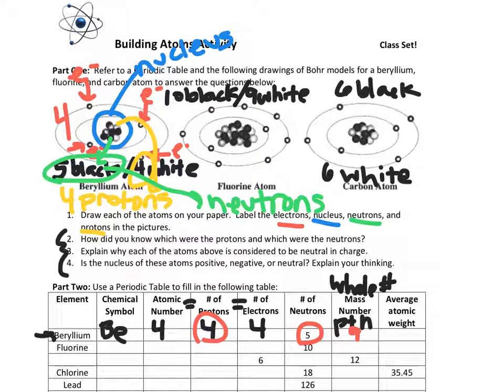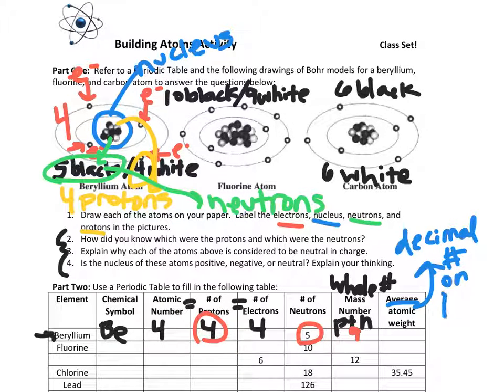Now, the last column is for the average atomic weight. And if you remember, we talked about this last time. The average atomic weight you find on the periodic table, and it's the average, hence the word average there. It's the average of all the isotopes for beryllium. So that's why on your periodic table, it is a decimal number.